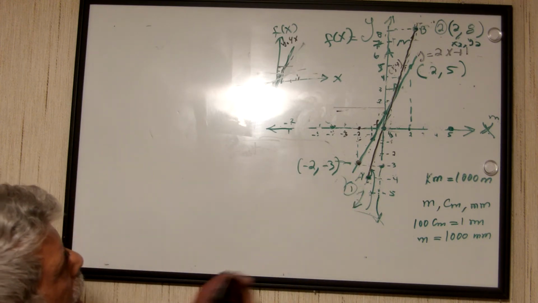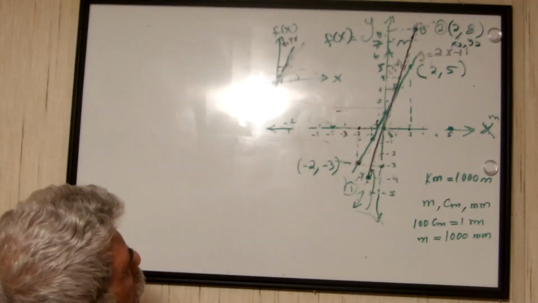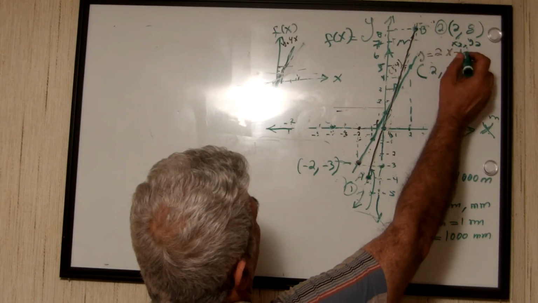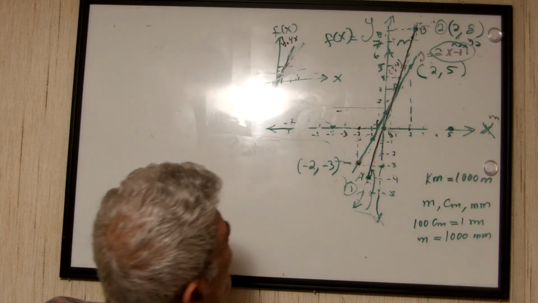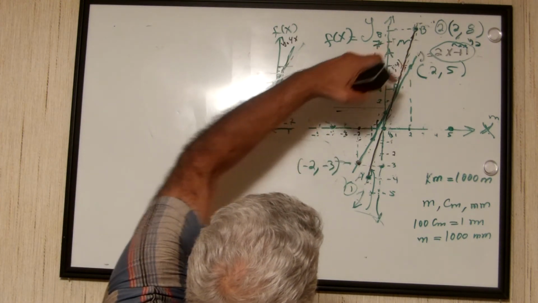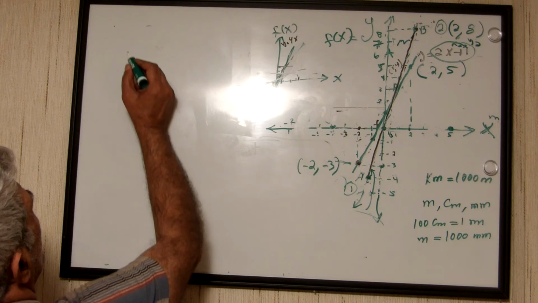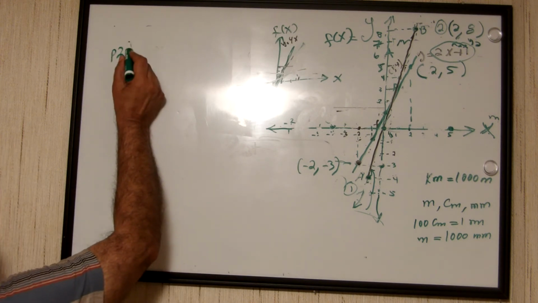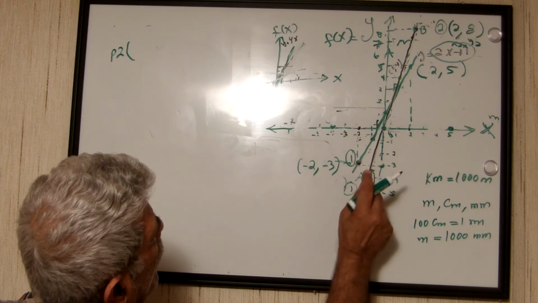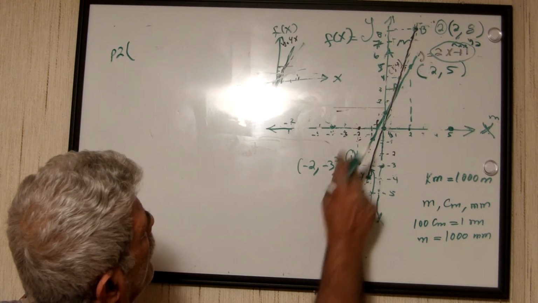Now let's find the equation. We have 2 points. Suppose that we don't know this one, we don't know the equation. But we have 2 points, the point here and the point there. This is point 1 and this is point 2.